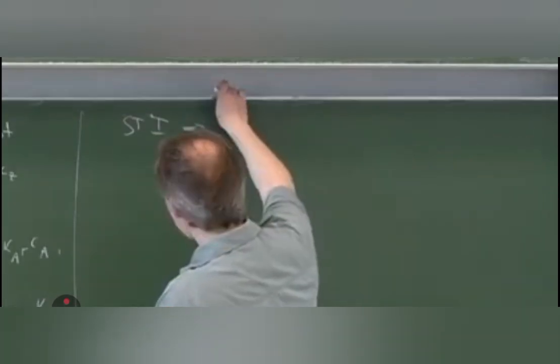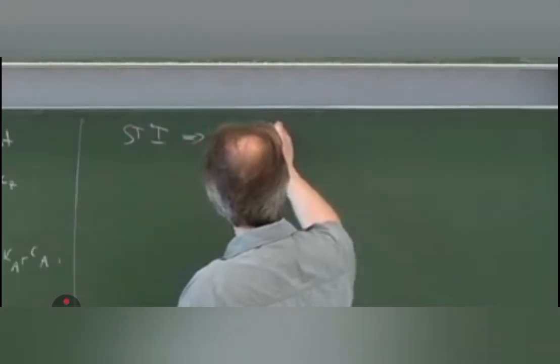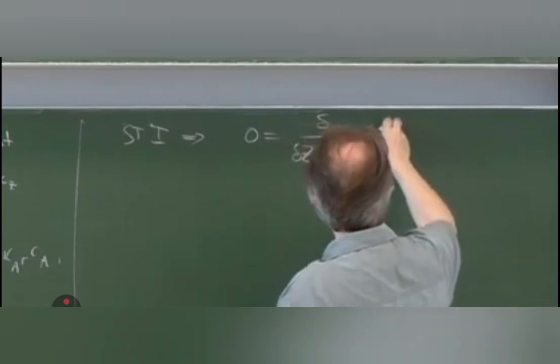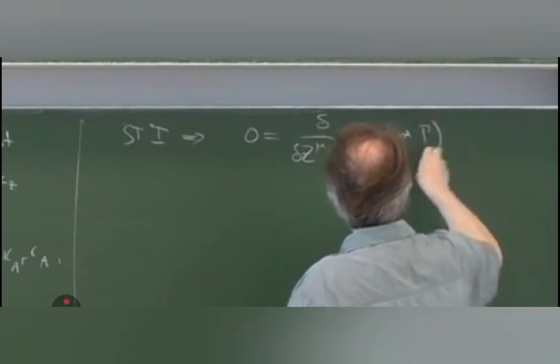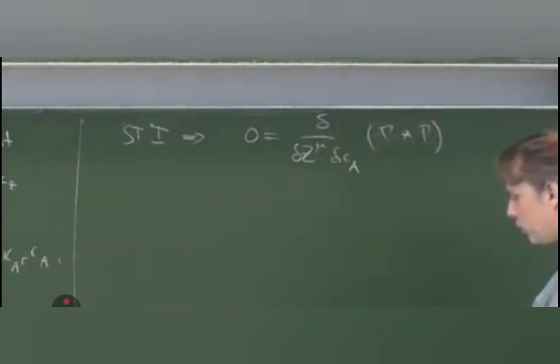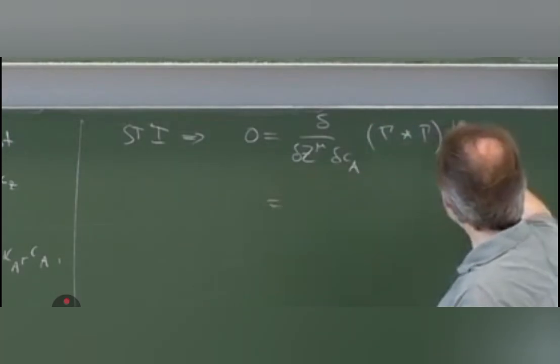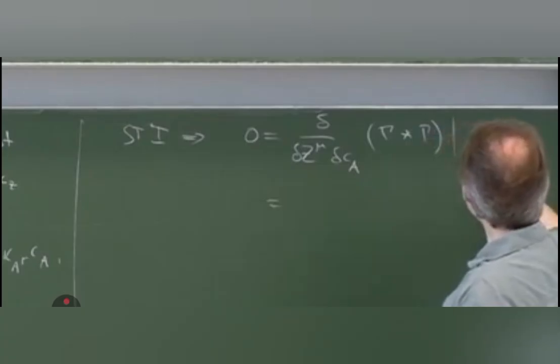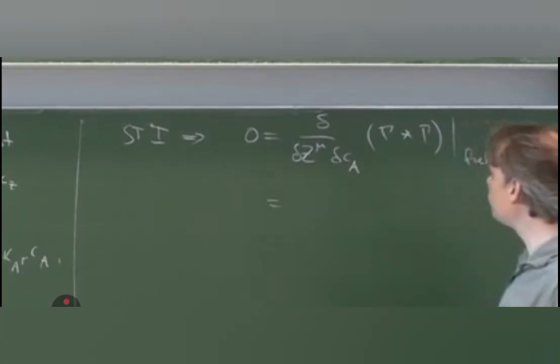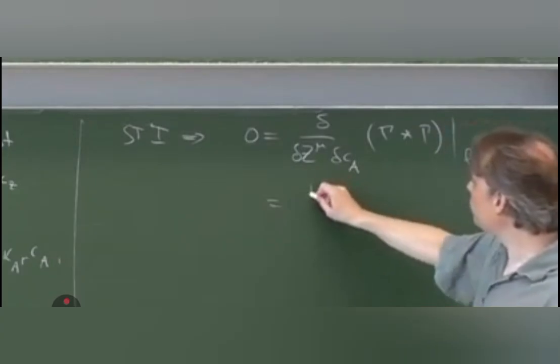So let's write down the following, namely the second derivative with respect to the photon ghost and with respect to the Z boson field of our Slavnov-Taylor identity in this star notation, gamma star gamma. What do we obtain from this if we set all the fields to zero after taking the derivative? There are a few non-vanishing terms.